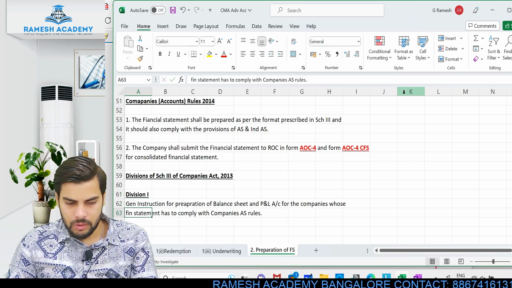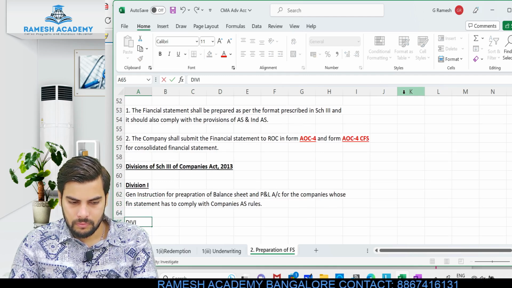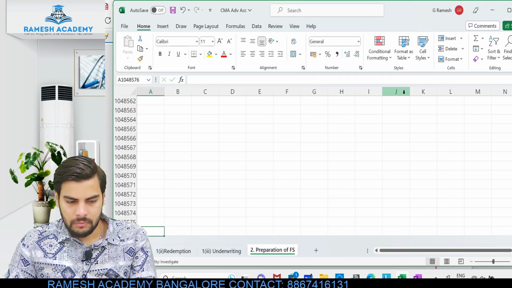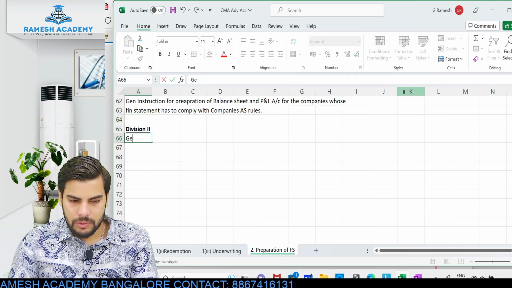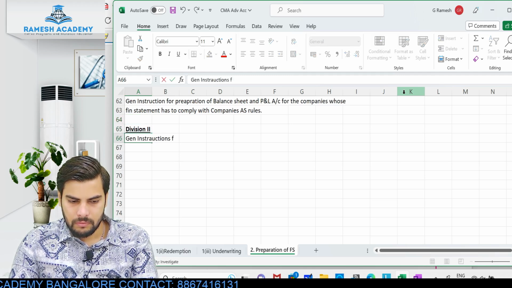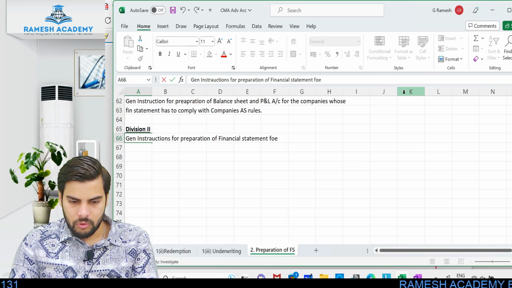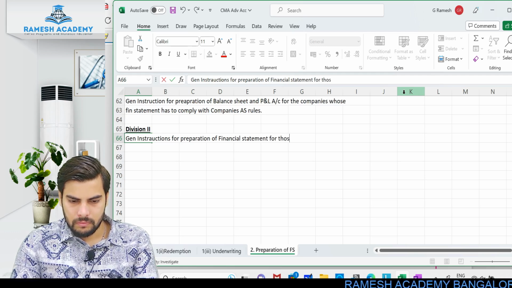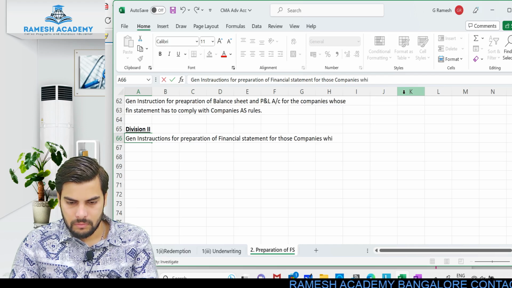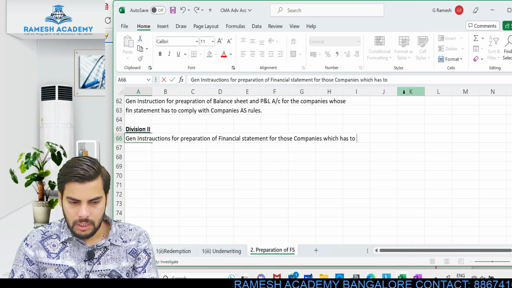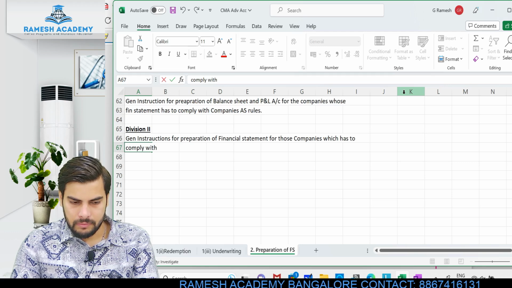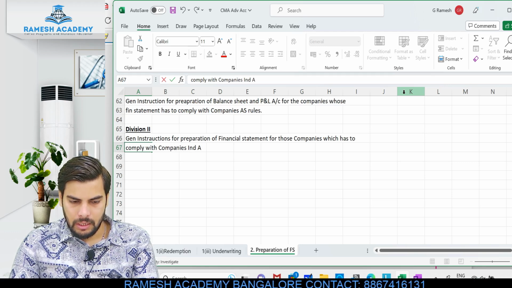This is Division 1. So what about Division 2? Division 2 is with respect to general instructions for preparation of financial statements for those companies which have to comply with the company's Indian accounting standard rules.